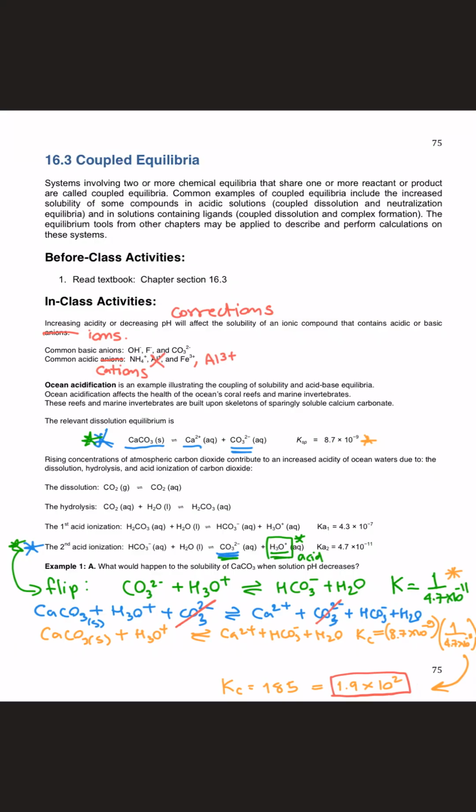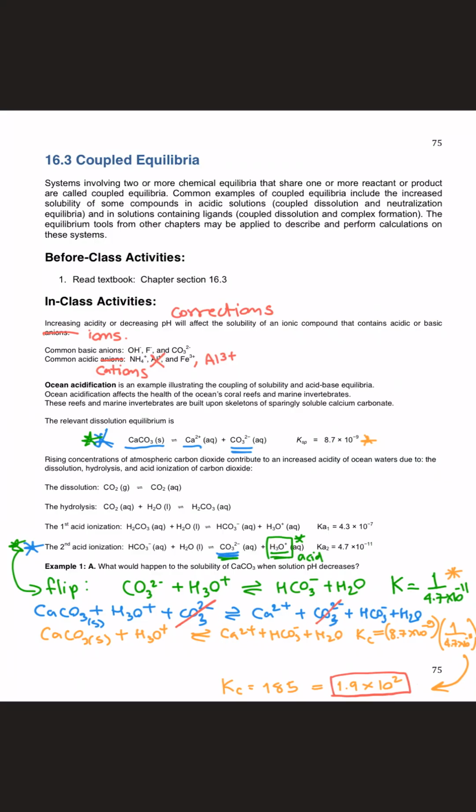As you can see, the Kc value of calcium carbonate in an acid is a huge number. The high value of the equilibrium constant, greater than 1, indicates that this reaction at equilibrium is product predominant, which means that the calcium carbonate would dissolve in an acid and prefer to become the product.